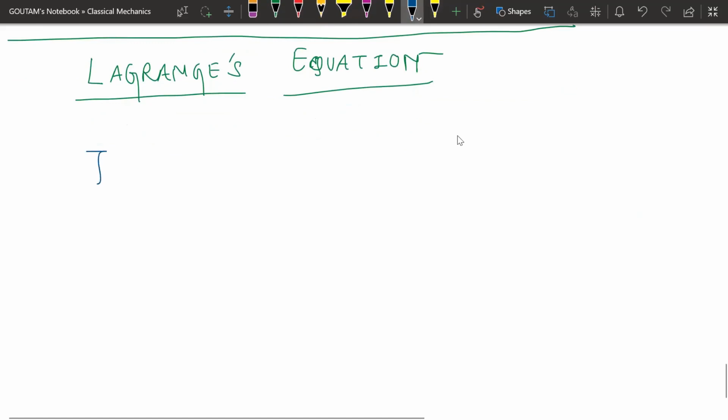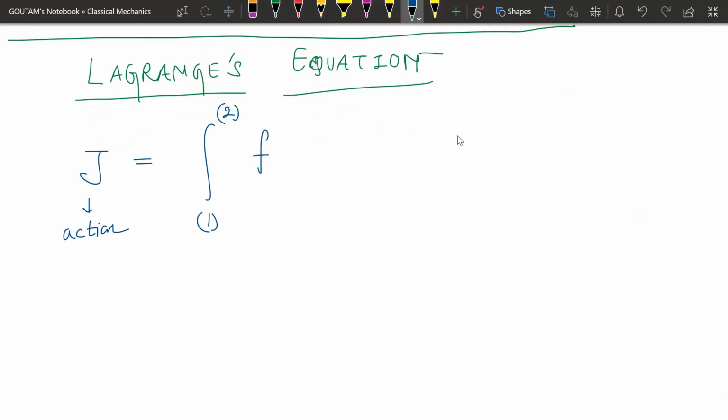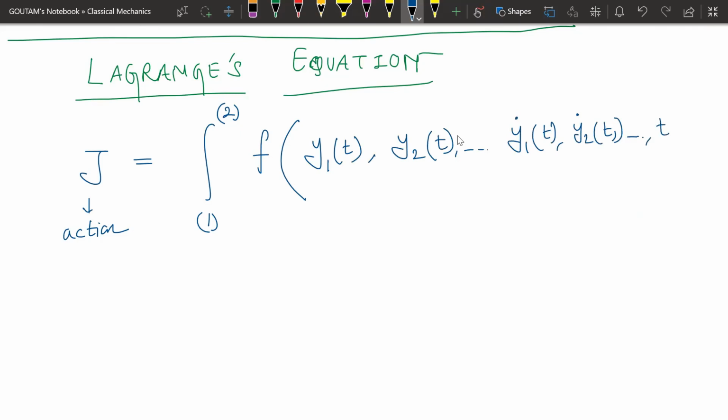Again, there will be an action from point 1 to 2, and this f will depend on y1, y2, and so on, y1 dot, y2 dot, and so on, and t, dt.